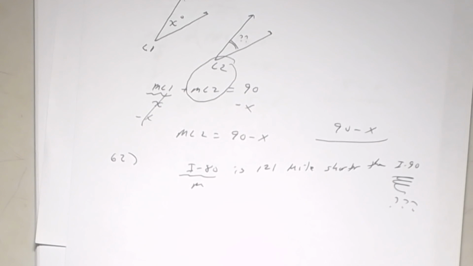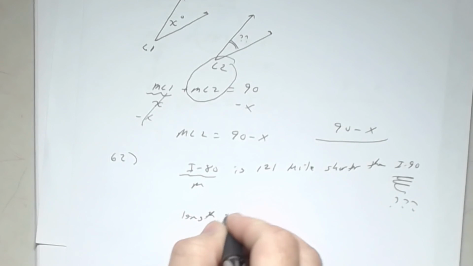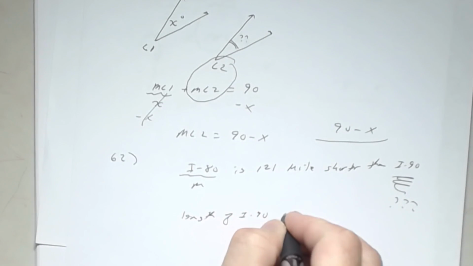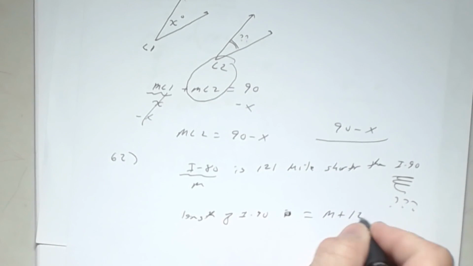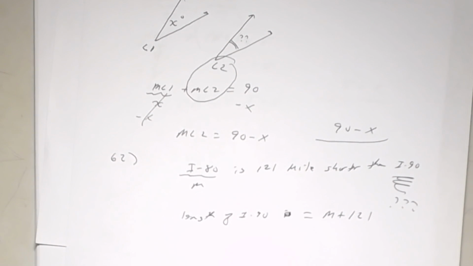She said I-90 is m plus what? 121. It kind of makes sense because I-90 is longer than what? I-80. So yes, the length of I-90 is equal to m plus 121, because I-90 is longer than I-80 by how many miles?